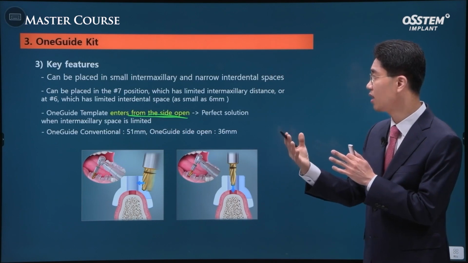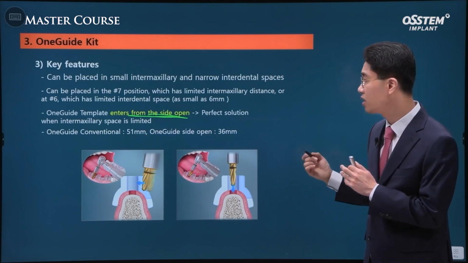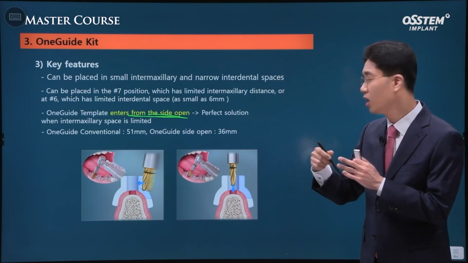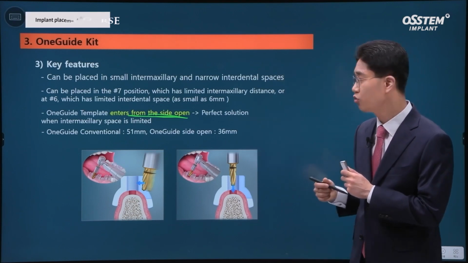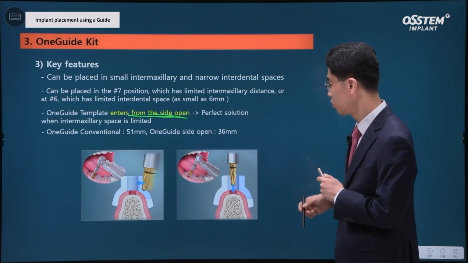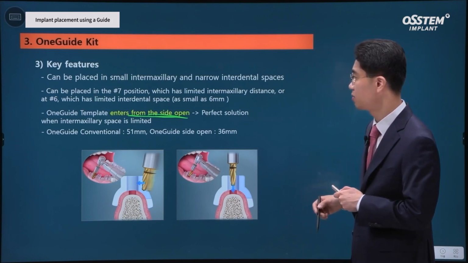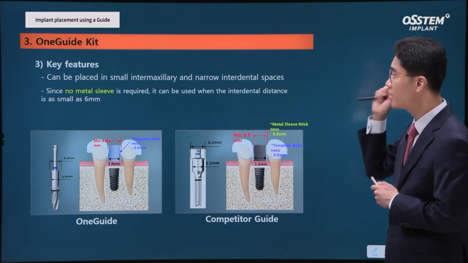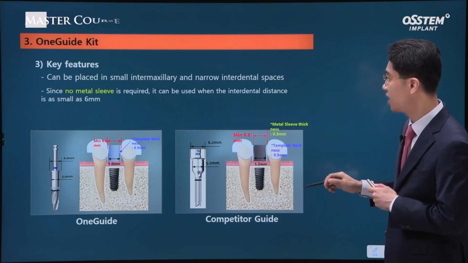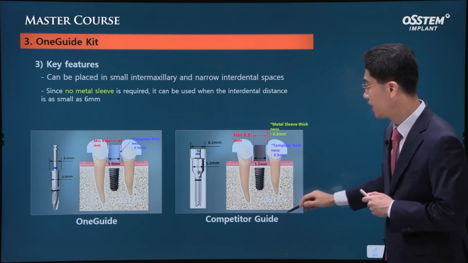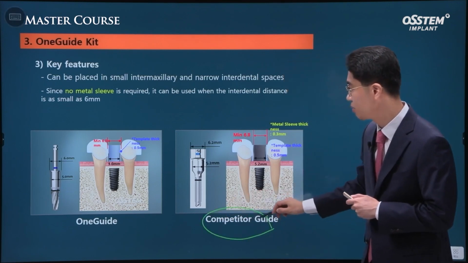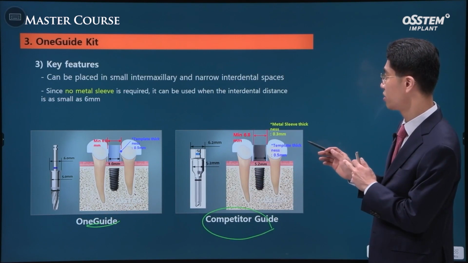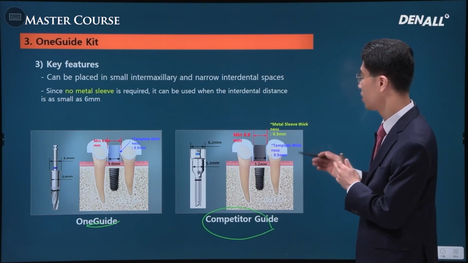And when you put in the drill, it goes in not from the occlusal surface, but it can go in from the side. Therefore, drilling can be done more easily. Also, there's no metal sleeve compared with the guide systems of other companies. Because there's no metal sleeve, you can get more precise and stable implant placement.